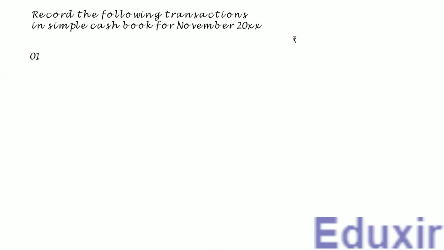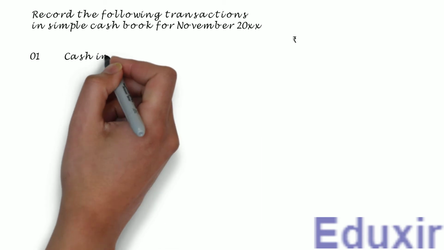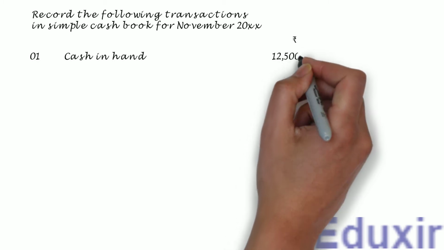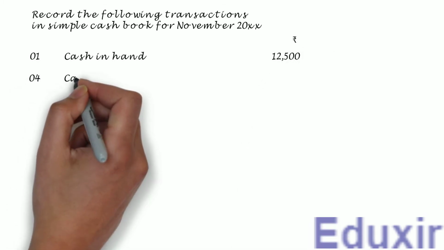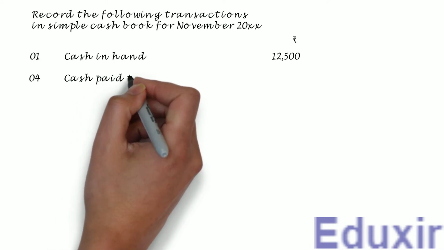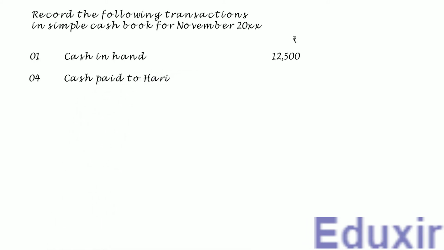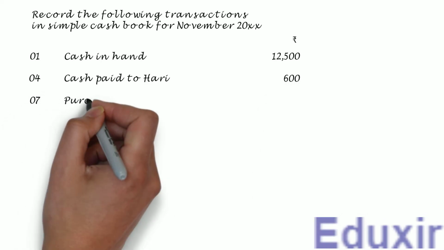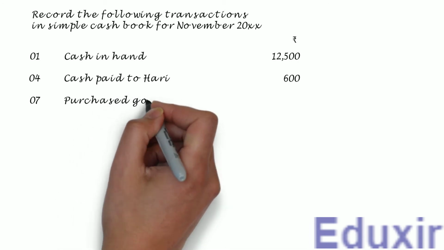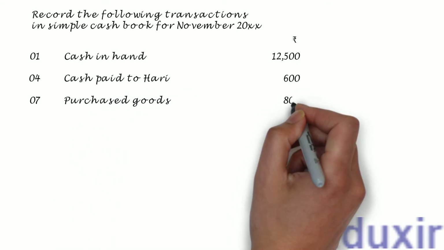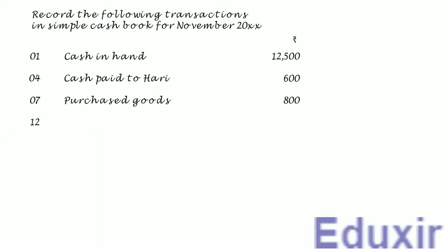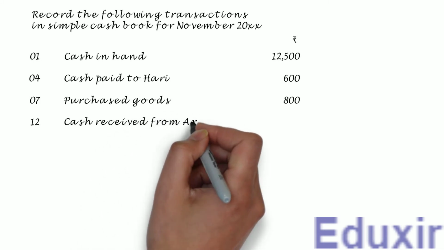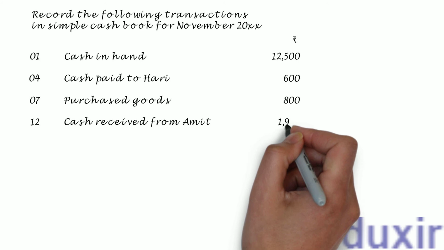On 1st November, cash in hand 12,500 rupees. On 4th November, cash paid to Hari 600 rupees. On 7th November, purchased goods 800 rupees. On 12th November, cash received from Amit 1960 rupees.